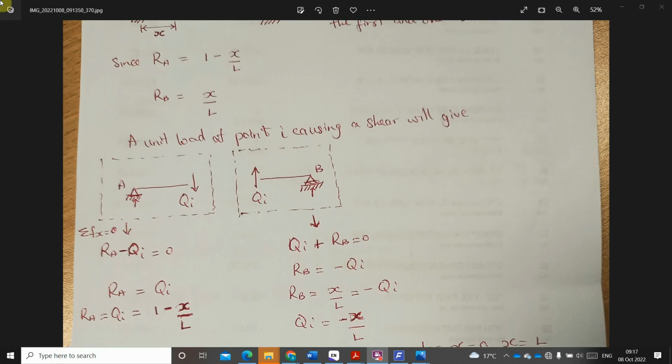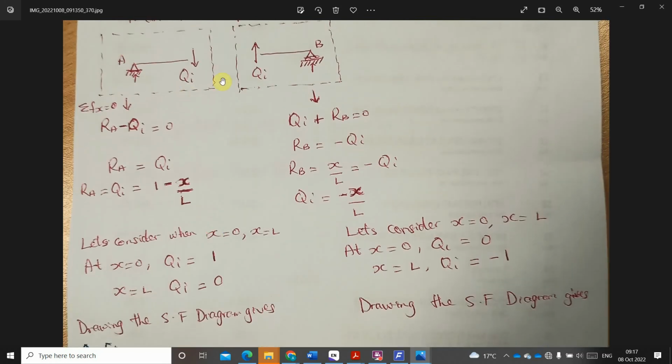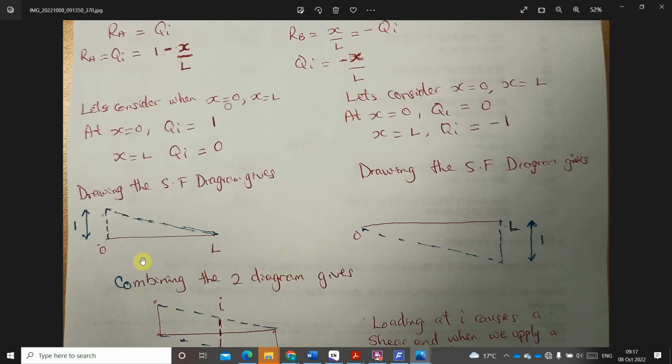Now let's see how our influence line would be for this particular shear force. Normally you are supposed to have something like this, that is, if you consider this reaction at A when x equals 0 and when x equals L. Taking into consideration this particular diagram, at x equals 0, our Qi will be equal to 1, and if you put x equal to L, our Qi will be equal to 0.